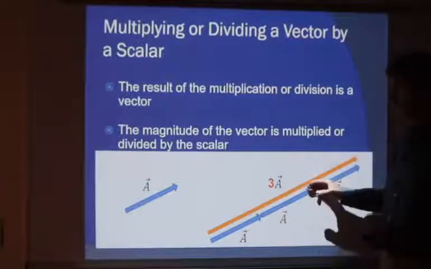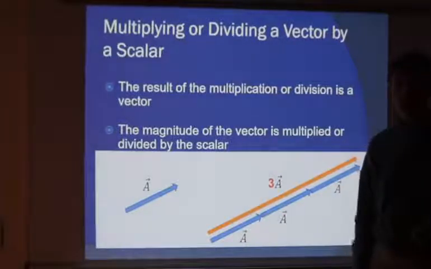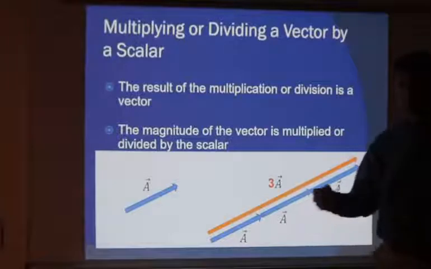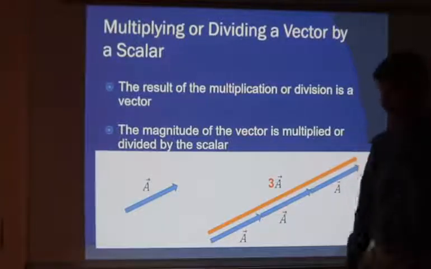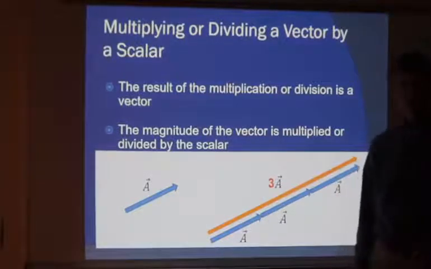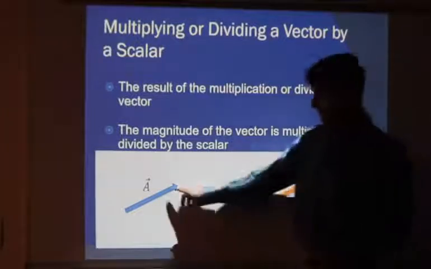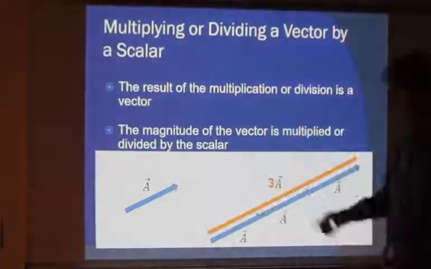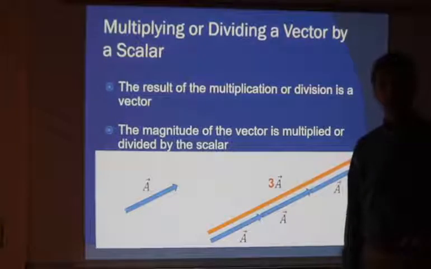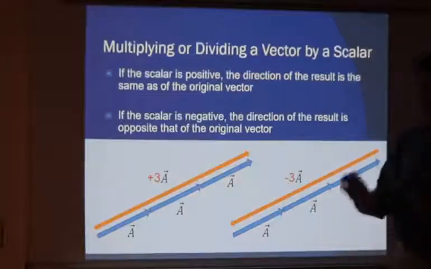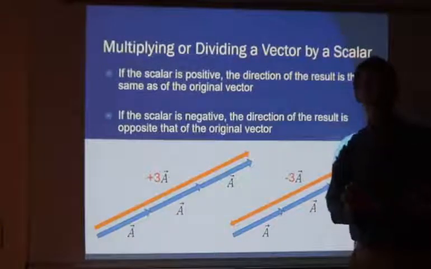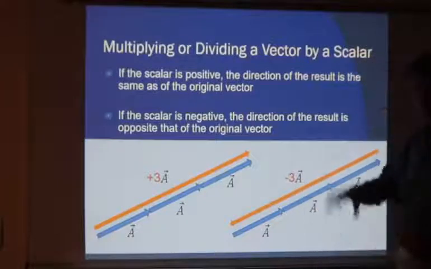Again, any scalar operation on a vector just operates on the magnitude alone. Doesn't affect the direction. If this is A, 3A is pointing in the same direction, it's just 3 times longer. Oh, it does affect the direction if it's a negative, then it turns it around.